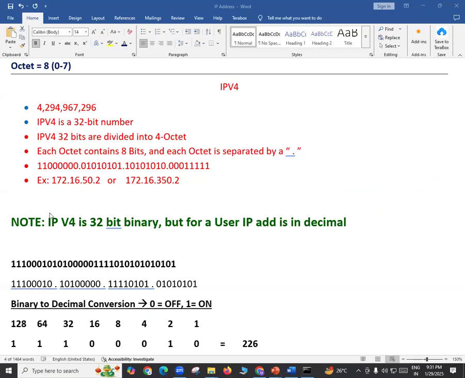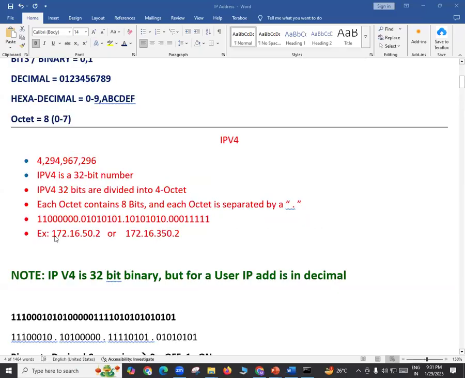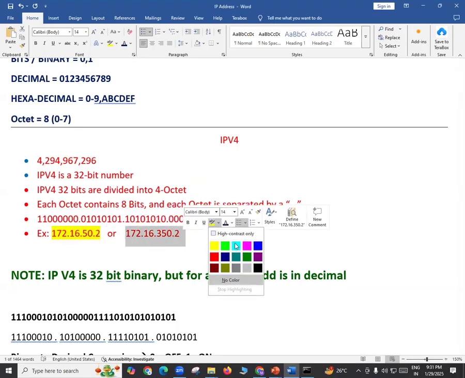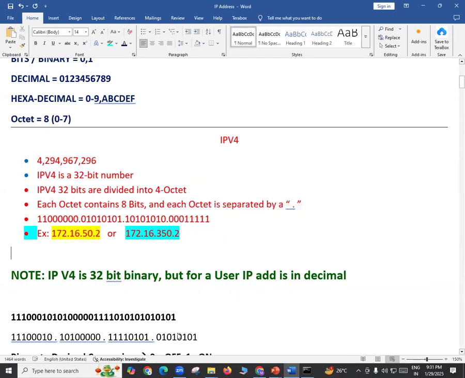Now see here, friends. There are two addresses here. One is 172.16.50.2, and the other one is 172.16.350.2. Out of these two addresses, one address is correct and one address is incorrect. So the question here is which number is correct and which number is incorrect. Is 172.16.50.2 correct, or is 172.16.350.2 correct?